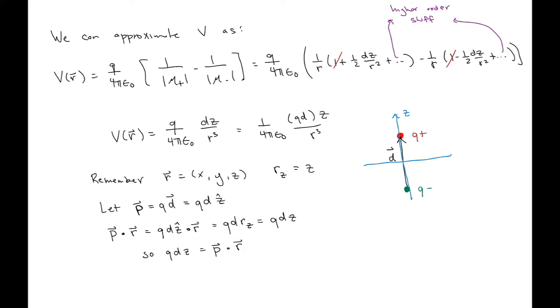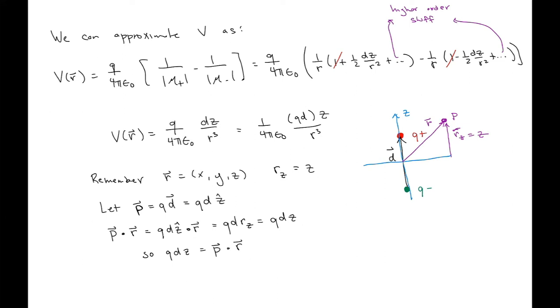I could draw that over here. This is p, and this is our r vector. Then this is going to be our r z component, which is just equal to z. So the whole point of that is I'm going to rewrite this formula one more time.